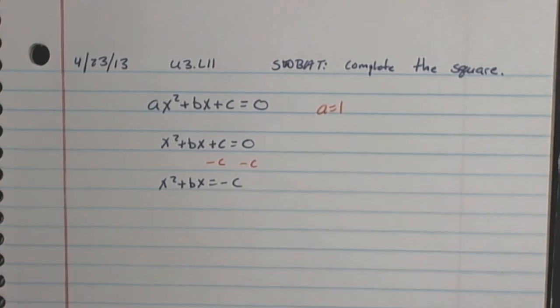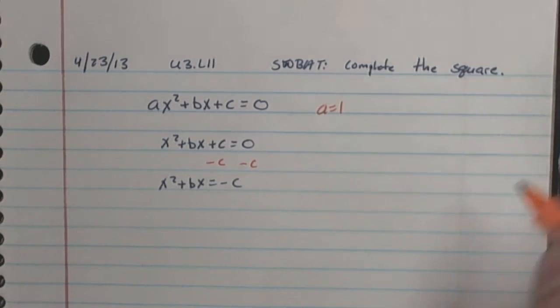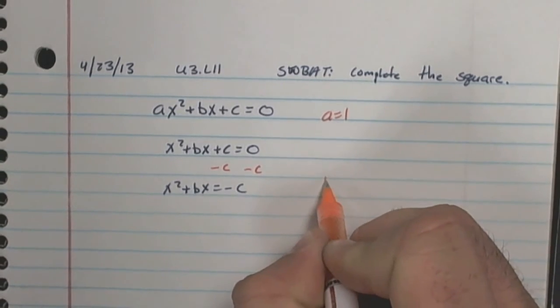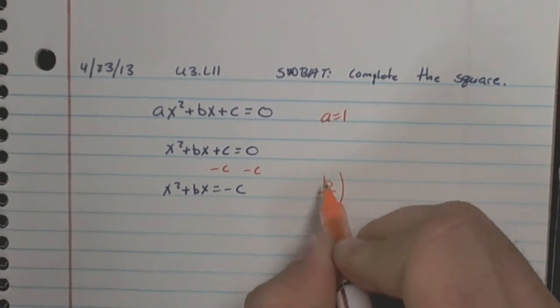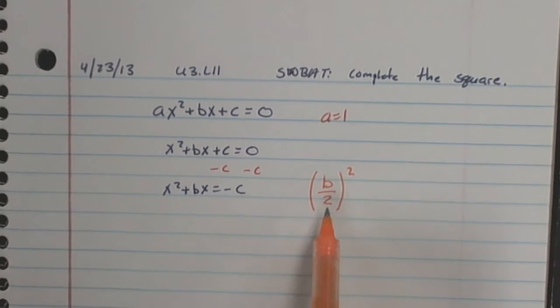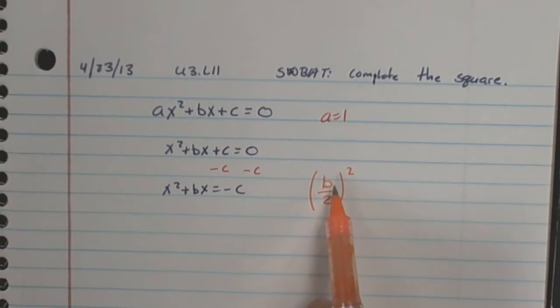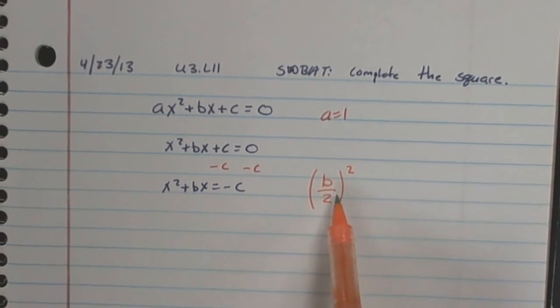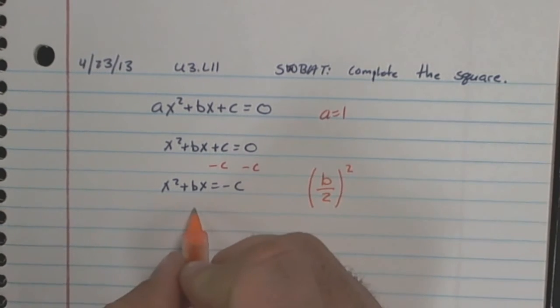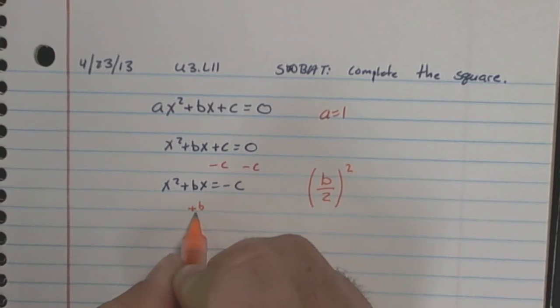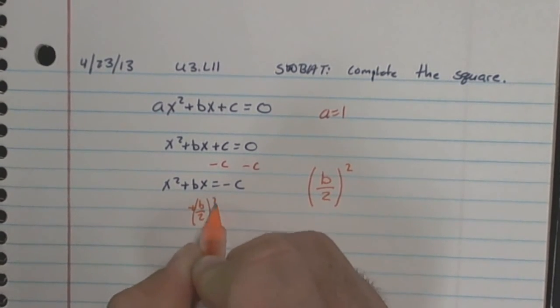Now, this is where it's called completing the square. I'm going to take a different color, and I'm going to take whatever my b is, divide it in half, and then square it. And whatever I get for that, the number I have for b, divided in half and squared, I'm going to add to both sides.